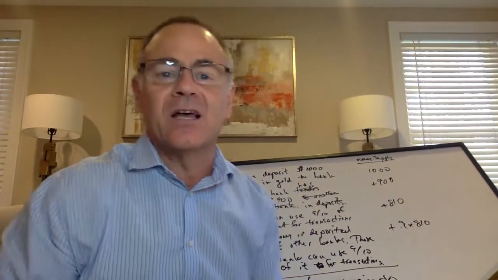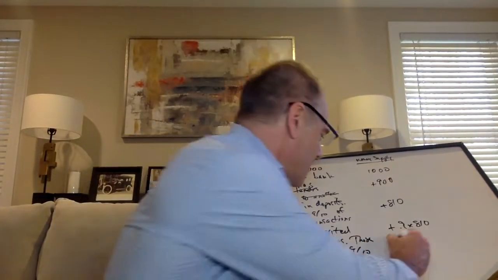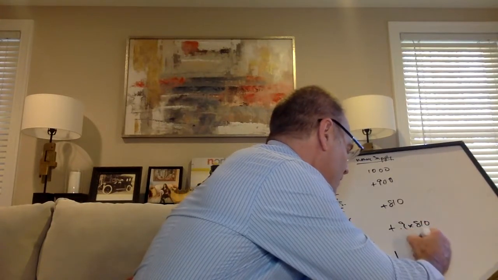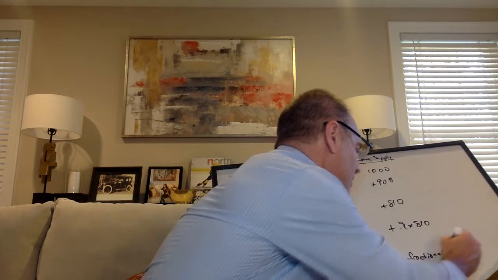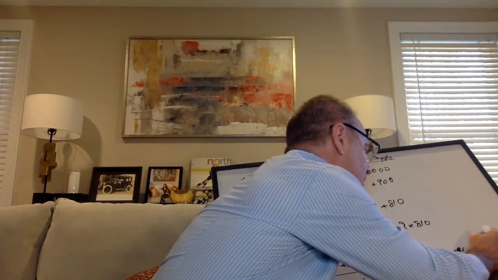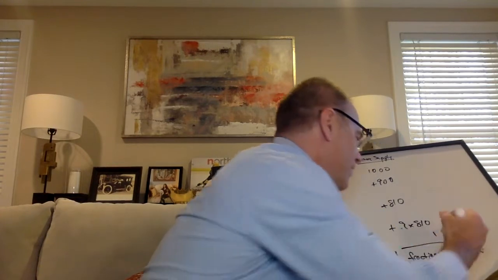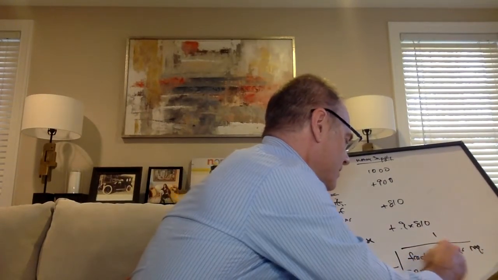But the key is, look in the book. So the key is you take the fractional reserve requirement, you take 1 over that amount, and that equals the expansion factor.